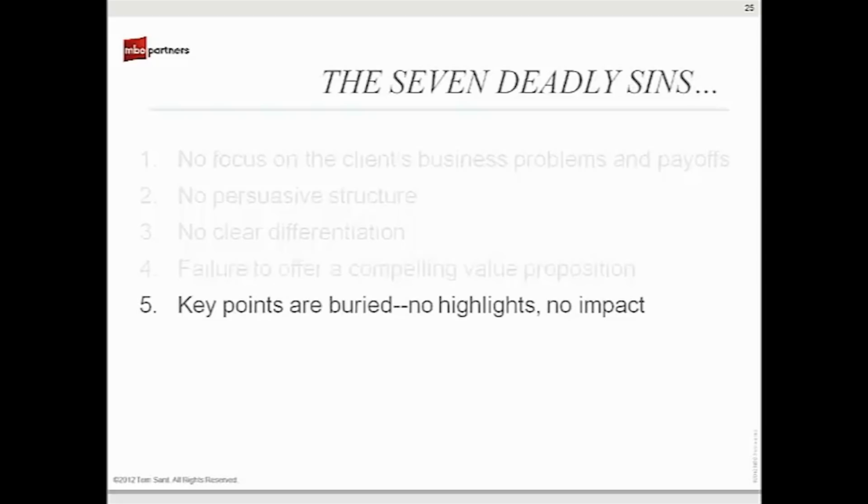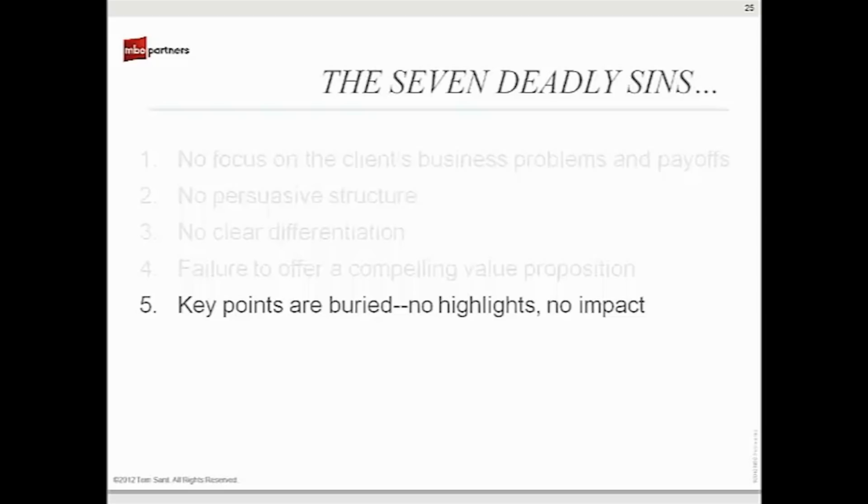The fifth deadly sin: it's just hard to use the document. Key points are buried. Too much text, wall-to-wall words, no highlighting, no graphics, no impact. The Dartnell Institute did a study, and they found that most executives do not read the documents they receive. Now, further research has indicated that most of those executives do, in fact, know how to read.